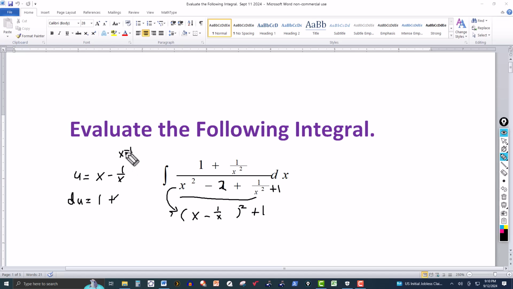Then I subtract 1 from the minus 1, giving me a negative 2. So x to the negative 2 can be written as 1 over x squared, like this. And then I've got the dx.